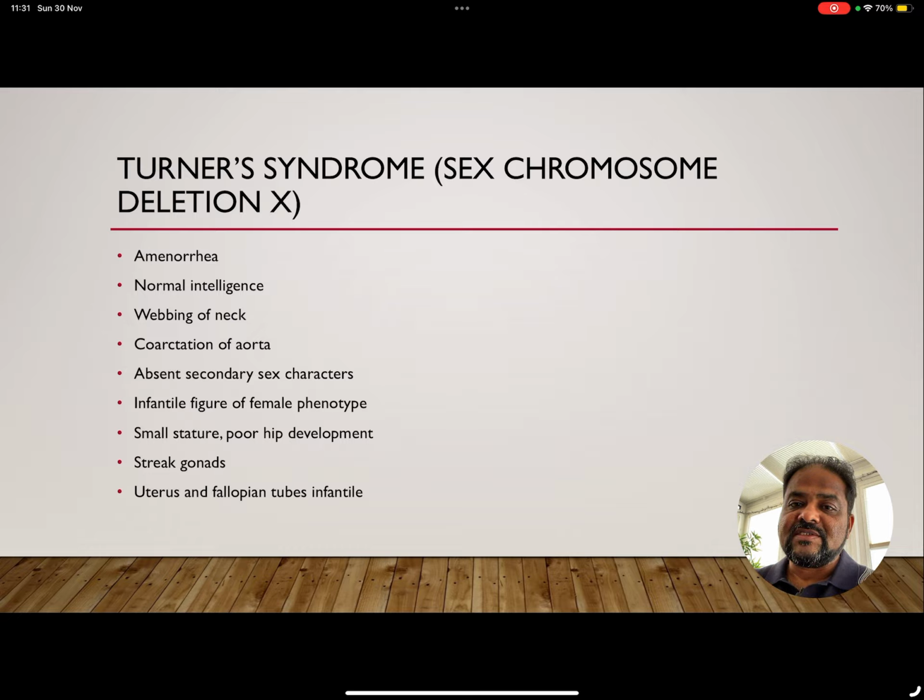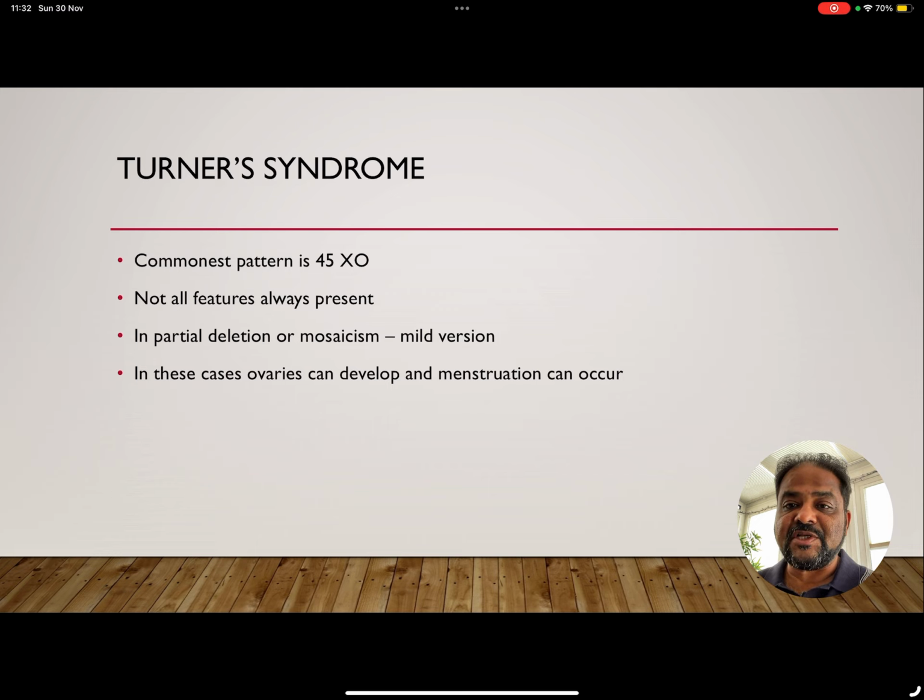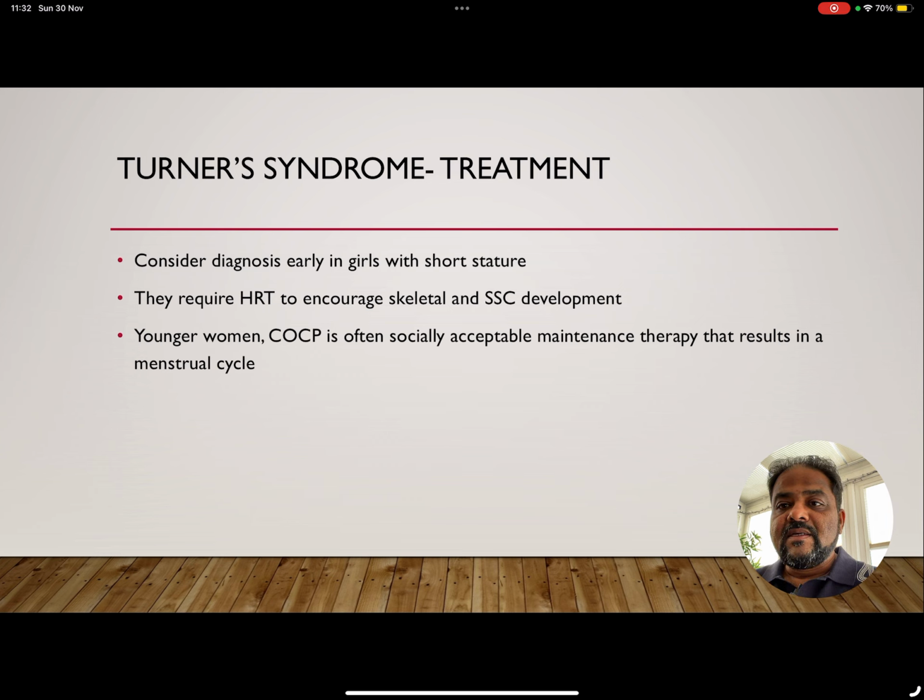I have patients who became amenorrheic after 20 years of age, or at 24 or 34, and when we did the karyotype, because this is called premature menopause, we found out that they were mosaic for Turner syndrome. Consider the diagnosis early in girls with short stature, and they require HRT to encourage skeletal and secondary sexual characters development. In younger women, the combined contraceptive pill is often a socially acceptable maintenance therapy that results in a menstrual cycle.